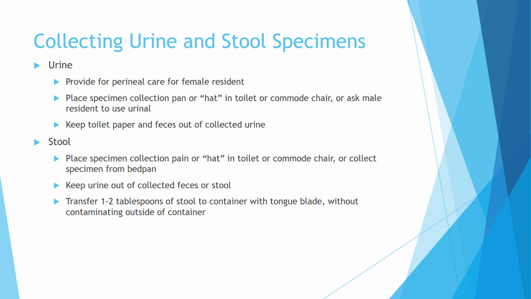A tongue blade is like a little wooden stick. Usually you'll see the doctor use it when they tell you to open up and say "ah." That's the tongue blade they stick onto your tongue so they can see in the back of your throat. So again, transfer 1 to 2 tablespoons of stool to the container with a tongue blade without contaminating the outside of the container.